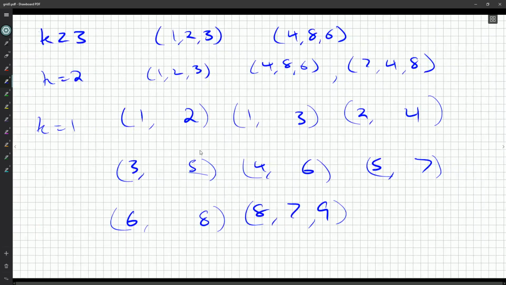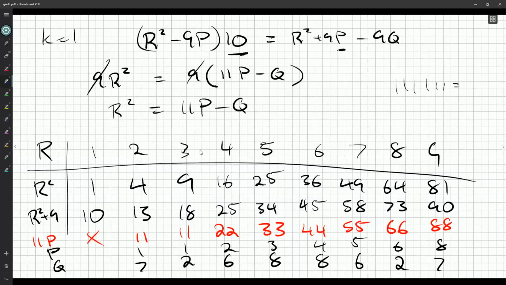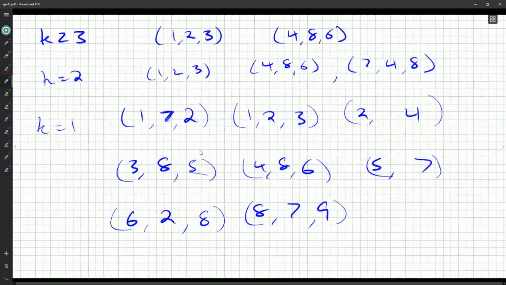Alright, so it was 7. I think this one was 7. The one with 66 was 2. This one was 8. 44 minus 8 is 36. 1, 2, and 3 again. 2, 6, and 4. And then 55 minus 6 was 7.